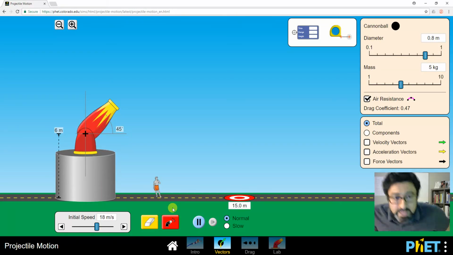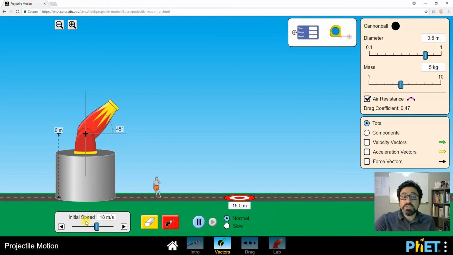So, this is a physics problem, right? If I ask you, when I shoot the cannon, when do you think the cannonball is going to hit the ground? Where is the impact point, basically?